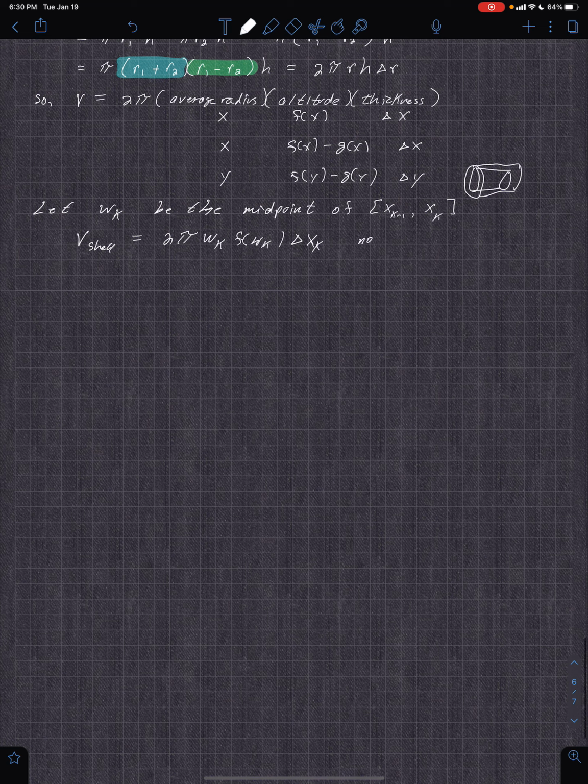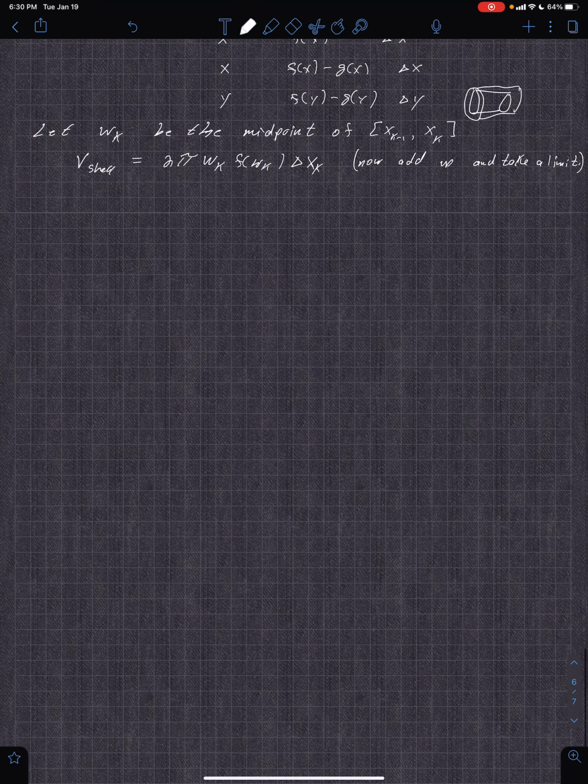Okay, so now add up and take a limit. That's the next step that you would do. Take a limit as the norm of the partition approaches 0.